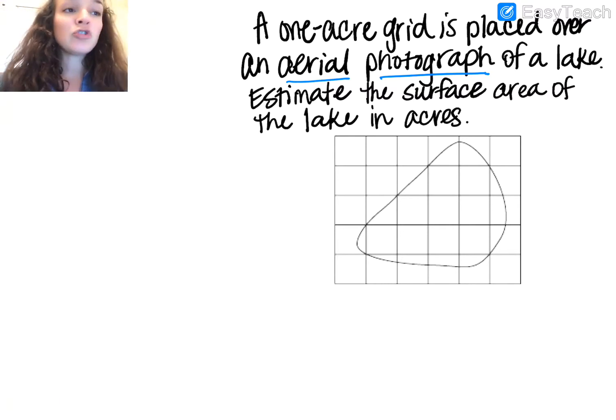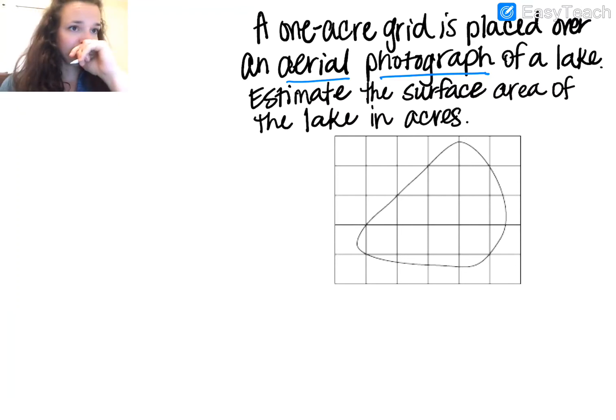So what we have to do though is we're just going to try breaking it down into whole boxes that are inside and partial boxes. Okay, so anywhere inside that we have a whole box, that's automatically going to count as one whole acre, okay?